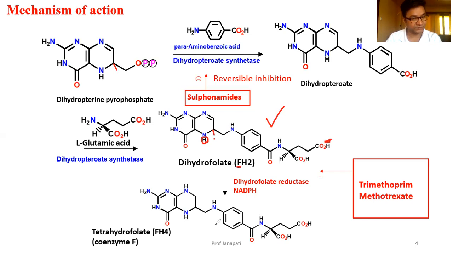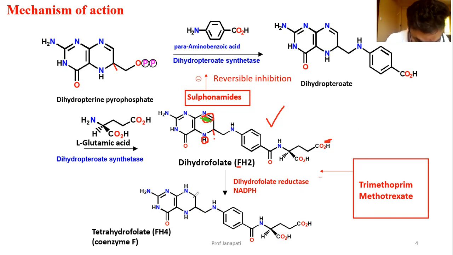Dihydrofolate is converted to tetrahydrofolate. There is one more double bond present between 6 and 7, which gets reduced.